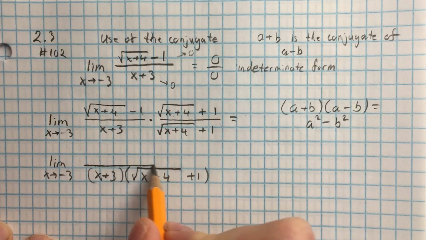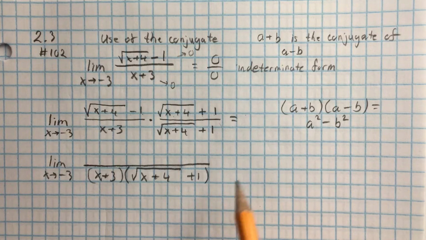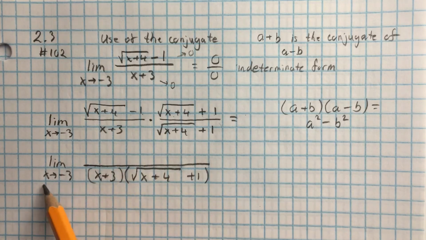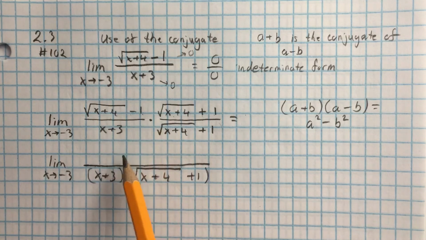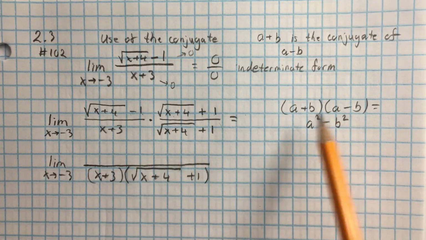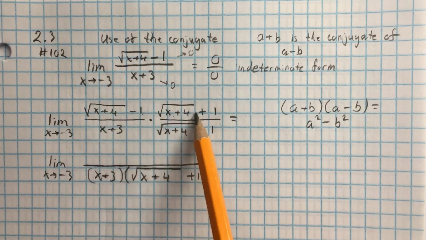And the numerator I do want to multiply out. This is going to reveal a hidden factor. And since we know that both the numerator and denominator approached 0 as x approached -3, it is pretty certain that there should be a hidden factor of x plus 3 appearing up here, which will cancel with this one.